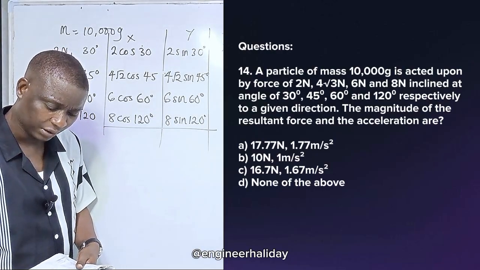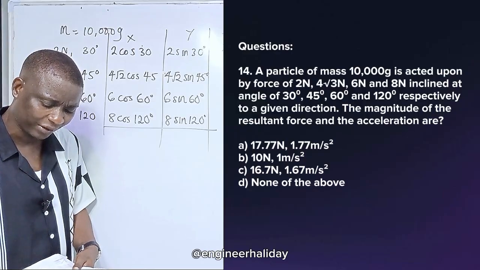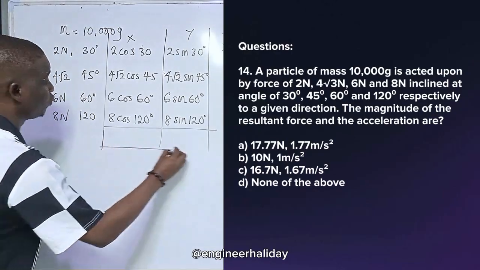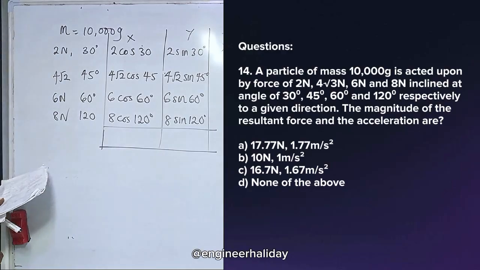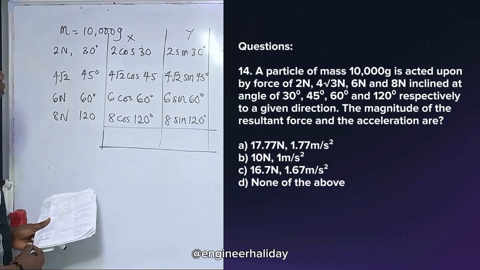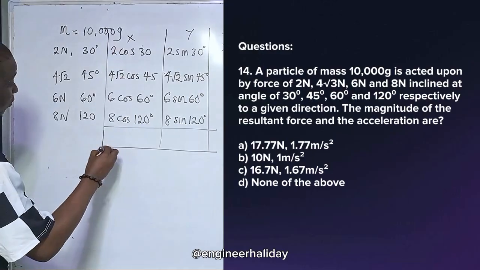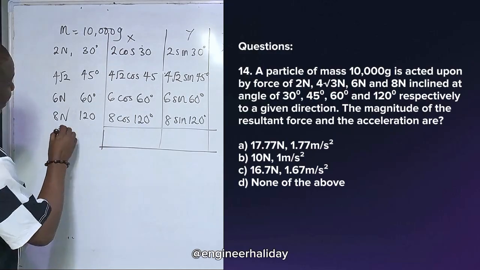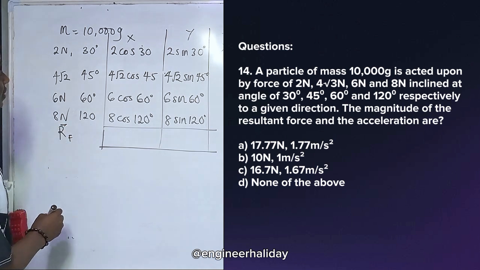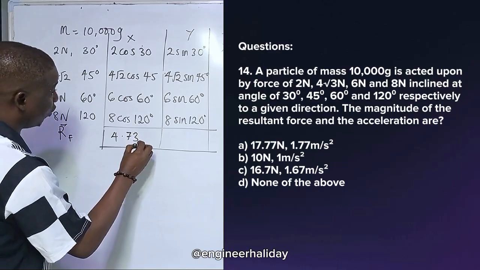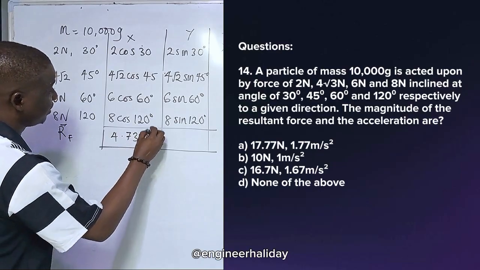Now it says to find the magnitude of the resultant force and the acceleration. What are we looking for? The resultant force and the acceleration. To find the magnitude of the resultant force, you need to sum these together. What do you get there when you sum them together? 4.732 Newton.